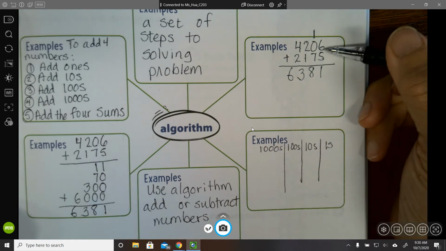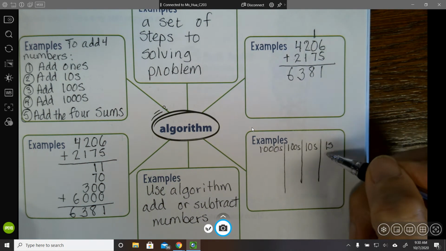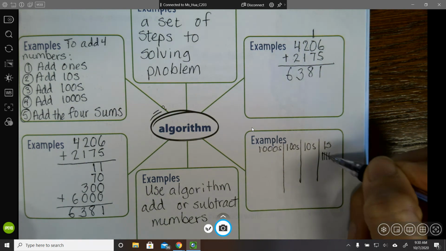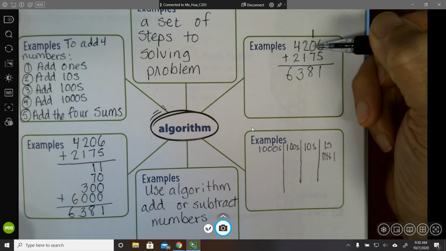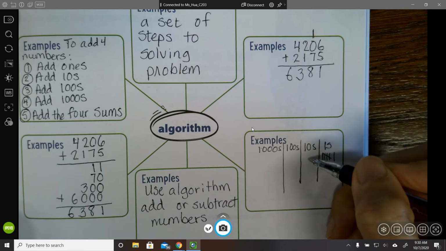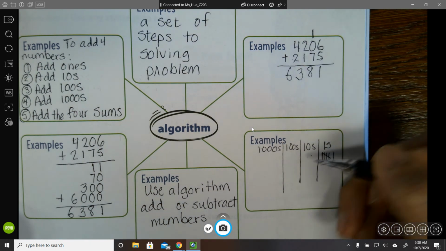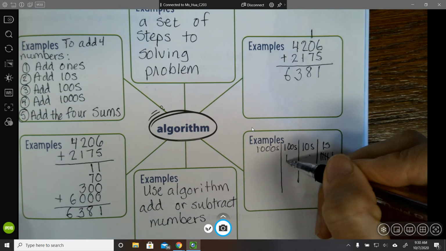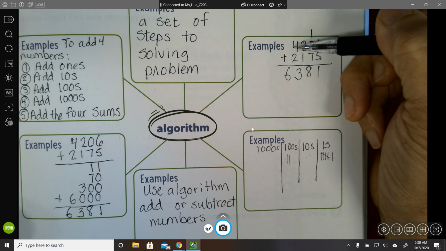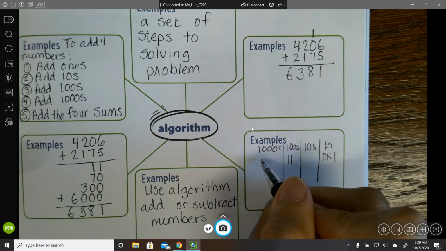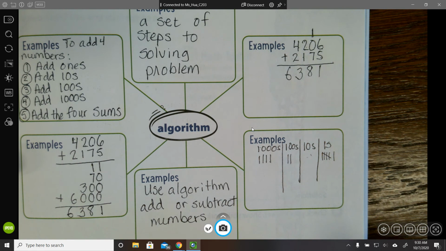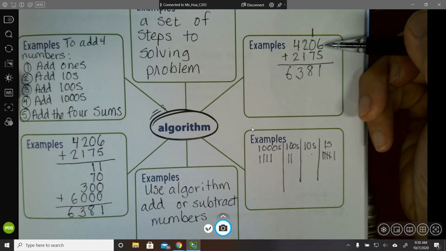In the ones place, the six, I have six tallies. 1, 2, 3, 4, 5, 6 tallies. In the tens place, I have 0, so I'm not putting anything in the tens place. The 2 in the hundreds place, I have 2. 1, 2. And in the thousands place, I have 4. 1, 2, 3, 4. Okay, that is the problem that I have on top.